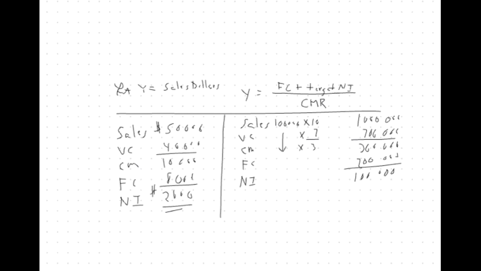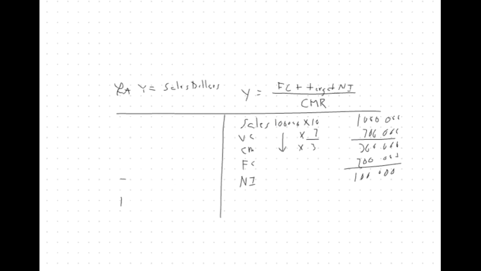Temporarily, I'll have to get rid of this. I need room. Now, the contribution margin ratio is the ratio of the contribution margin to the sales. I can do it one of two ways.